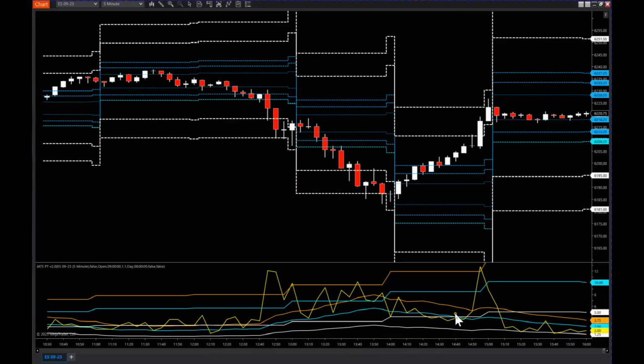So you can see here that we broke above the 60 minute one and went up to the 60 minute three on the point range, but on the levels, this is a 5 minute bar. The 5 minute bar traded past the 60, had a 60 minute breakout right here.